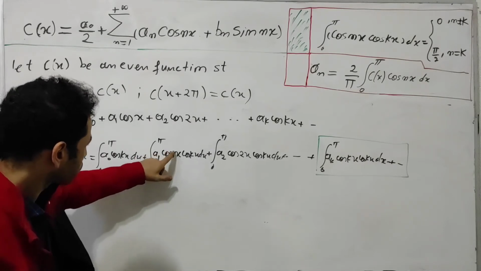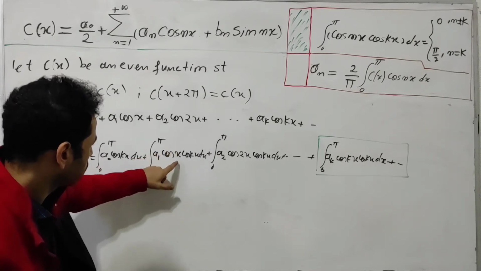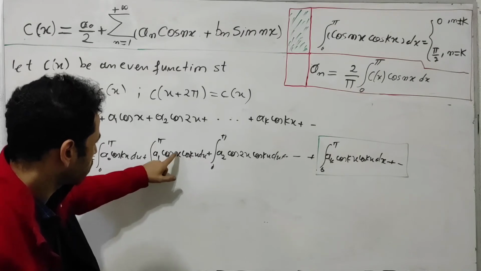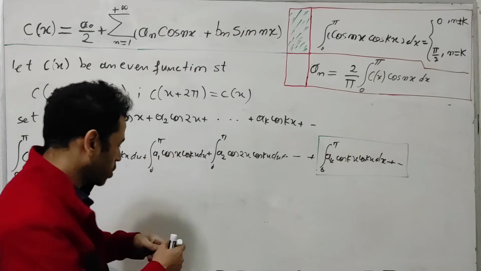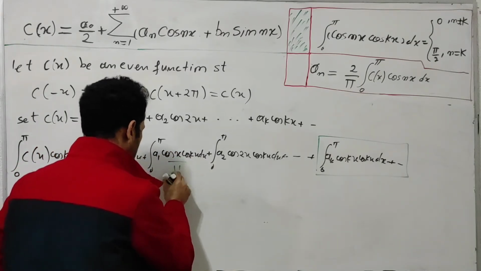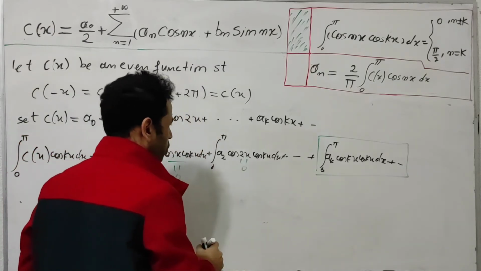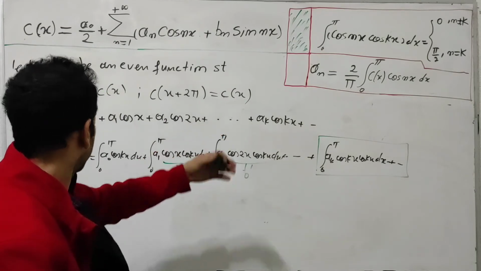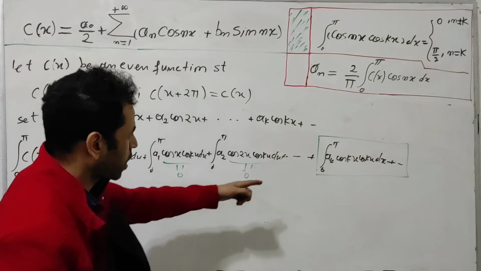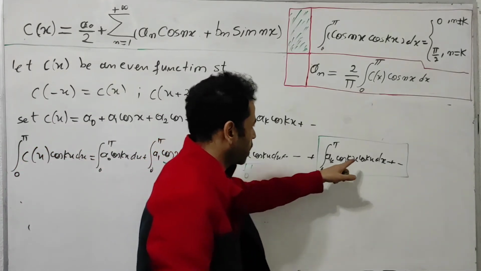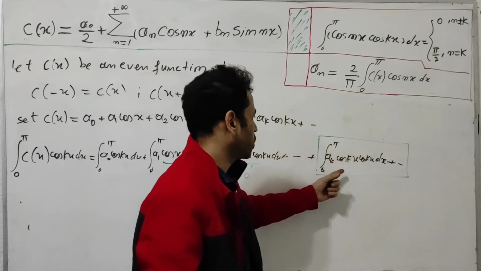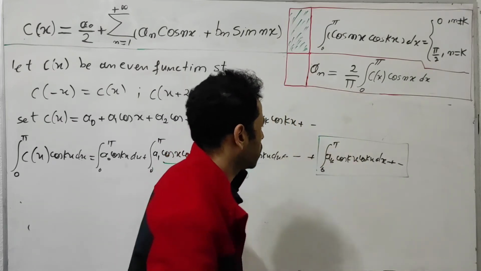For the first term, we have n equal to 1, and you have k, so 1 is different than k, which means it equals 0. For the second term it will be the same, 0. Same thing with the third one and fourth one, all the way down until you get the last term. The last term of the series is always k equal to n.